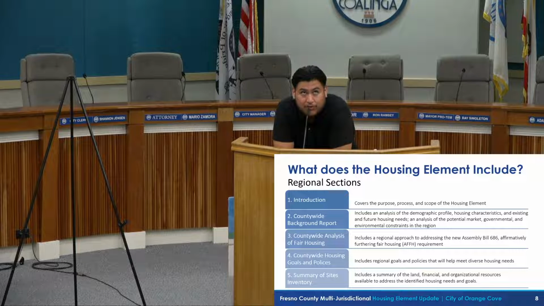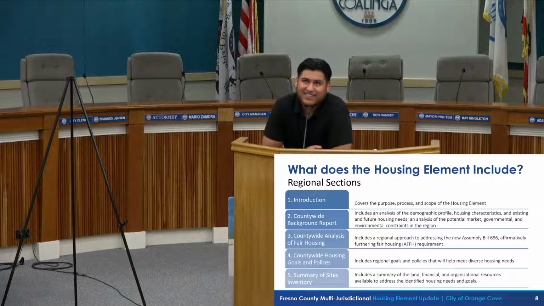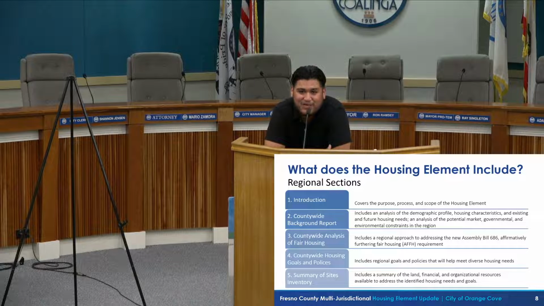Now we'll be going over what's included in the housing element. Here we have listed the regional section of the housing element, which includes the introduction of the housing element process, which covers the purpose and scope of the housing element. Then we have the county-wide background report, which includes an analysis of demographics, housing characteristics, and the potential market here, and also an analysis of governmental and environmental constraints in the region.